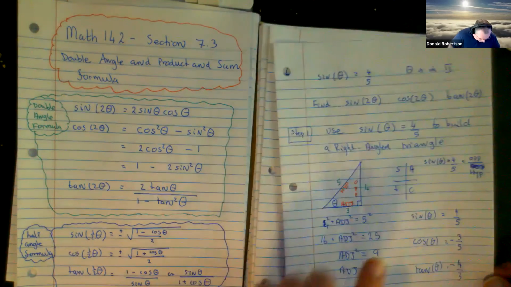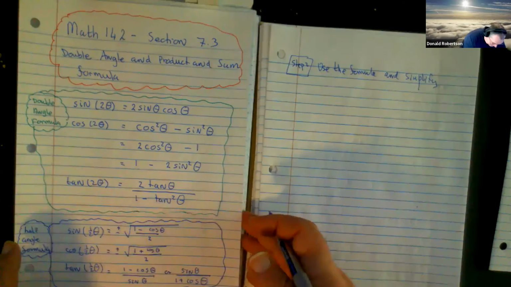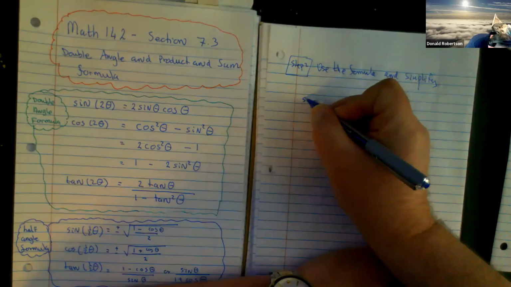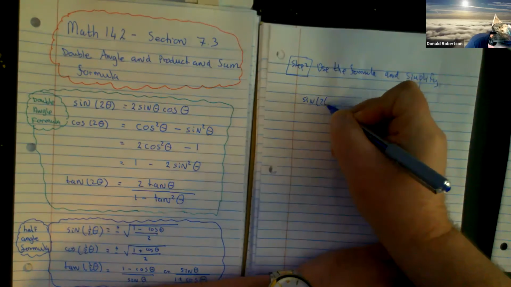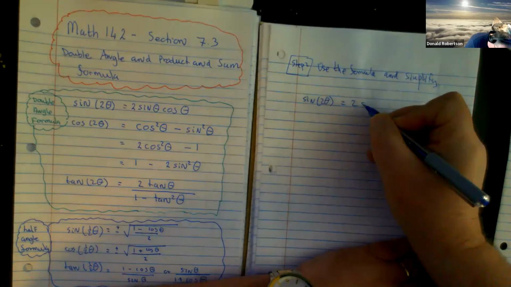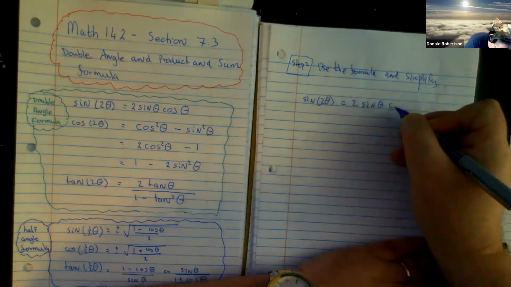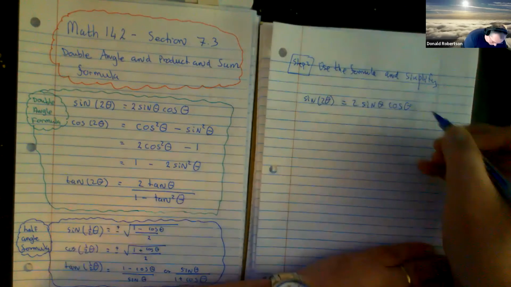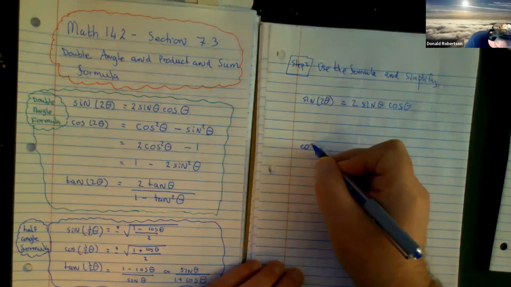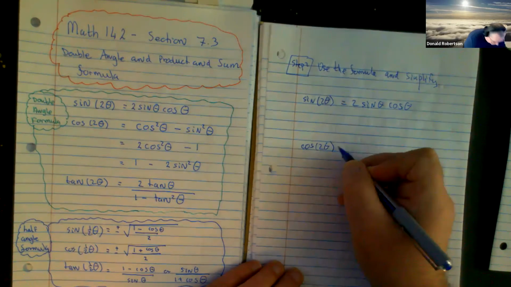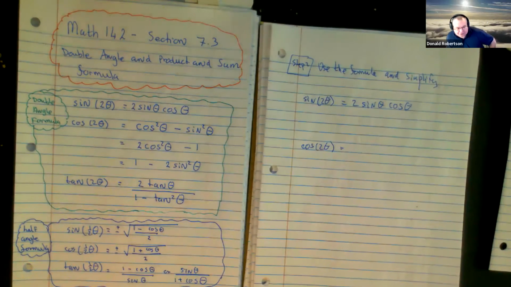Now, I got all these guys here, and I will bring them back in a minute, but I'm going to do the sine of 2 theta, which is easy because there's only one formula and it's going to be that one. Now I'm going to do the cosine of 2 theta. Anybody got any preference to which one you want me to do? I don't care. They all work.